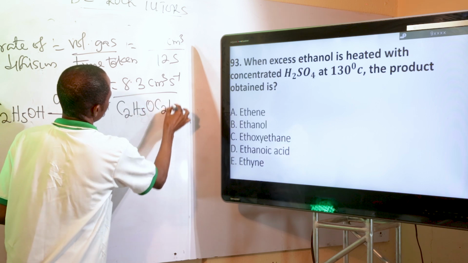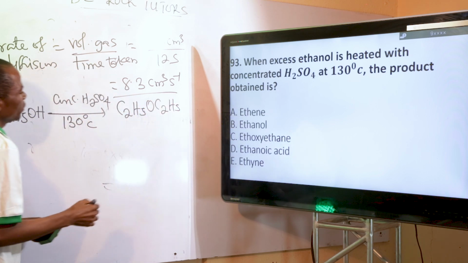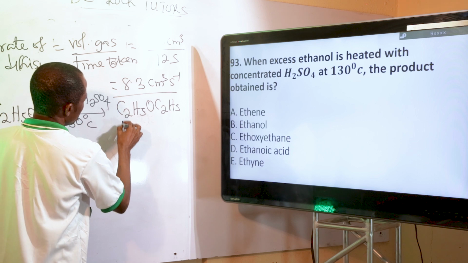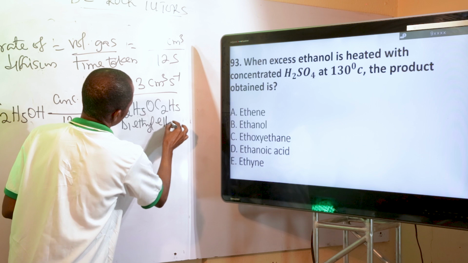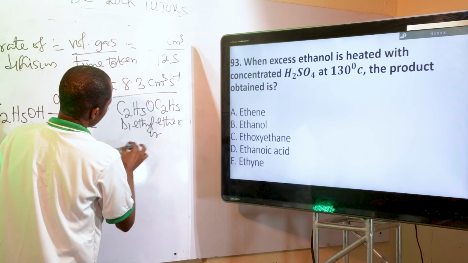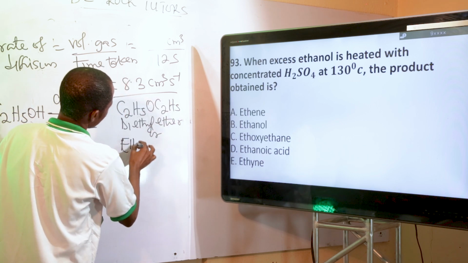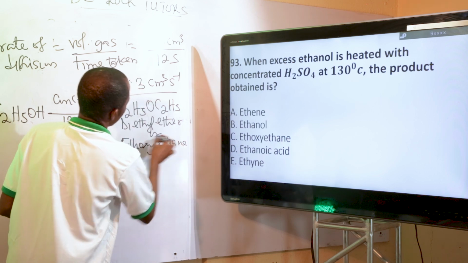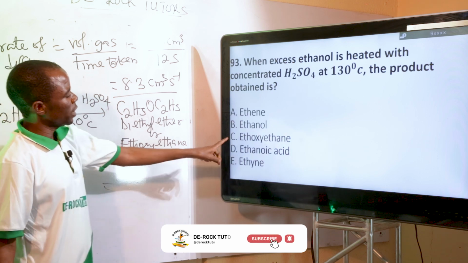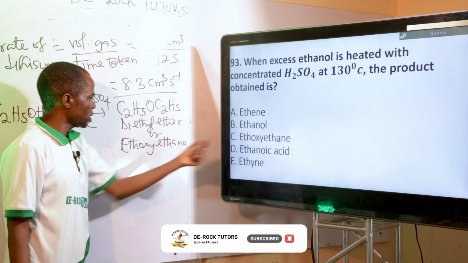C2H5OC2H5. And the name for this one is diethyl ether. Another name for it is ethoxyethane. And if you look at the options, the correct answer here is option C. It can be called ethoxyethane.